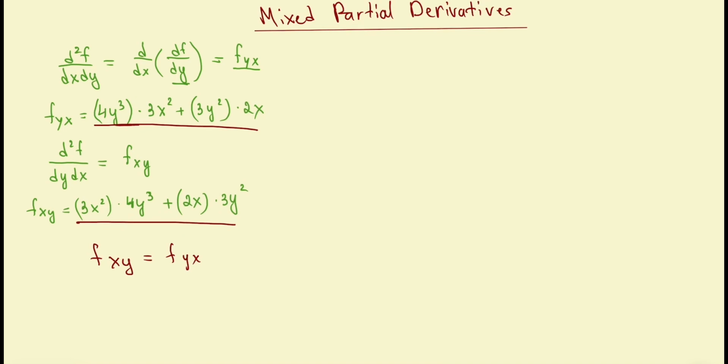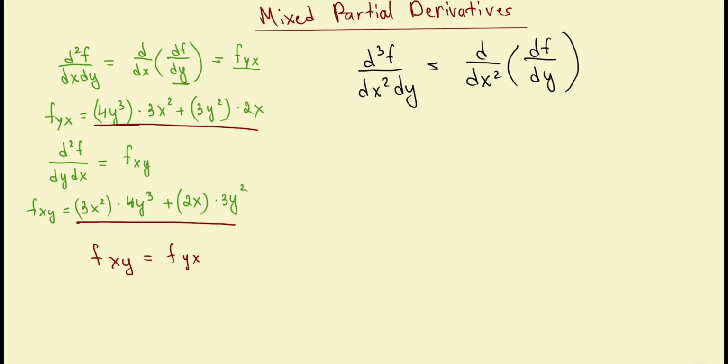Now let's take this a step further. Now we're going to derive this function 3 times, or we're going to derive it with respect to x twice, and 1 time with respect to y. So this would mean that first we're going to derive the function with respect to y, and then we're going to derive it with respect to x twice.